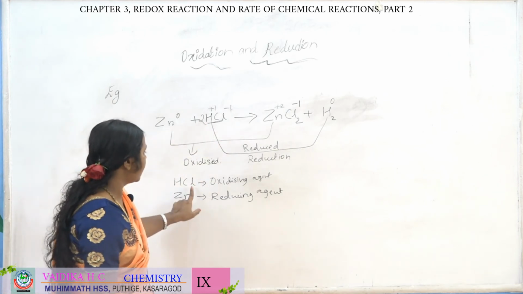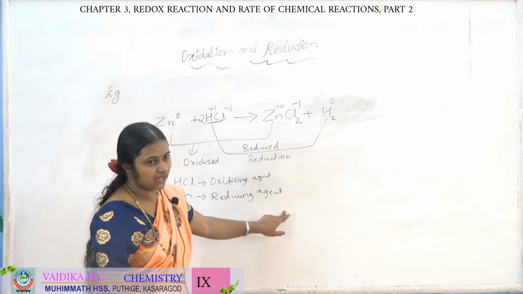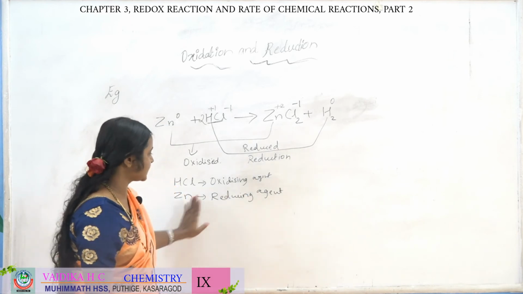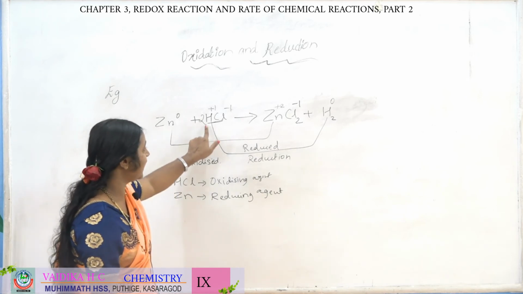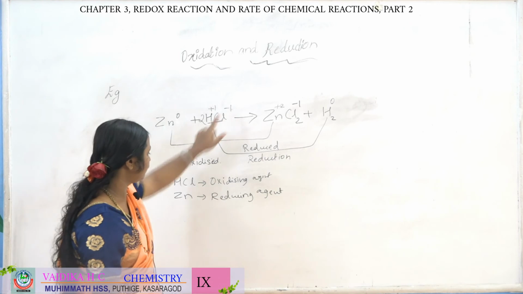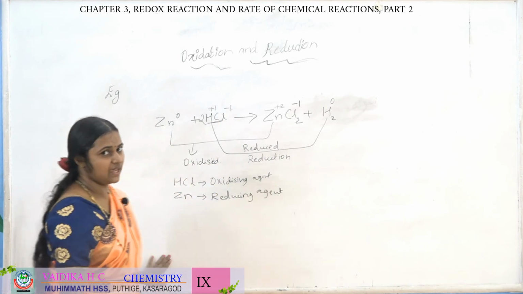Zinc loses the electron, hydrogen gains the electron, but since hydrogen is in compound form, we take the whole compound as the oxidizing agent.